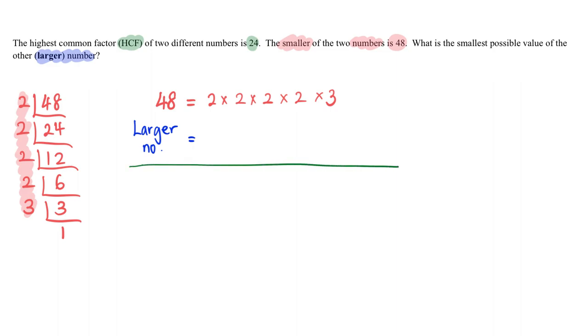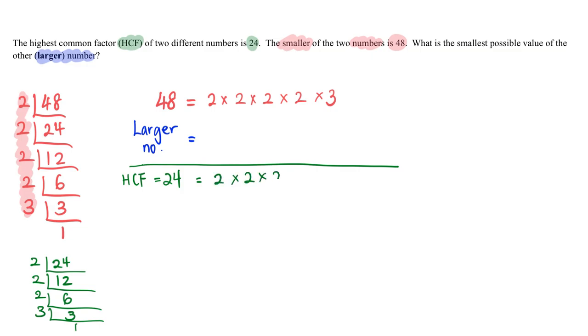HCF is equal to 24, and 24, if you do your working again at the side, you would get 2 times 2 times 2 times 3. So this is important.